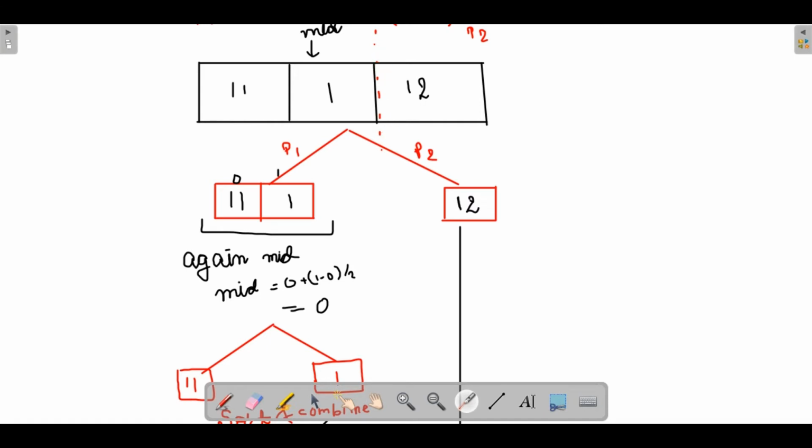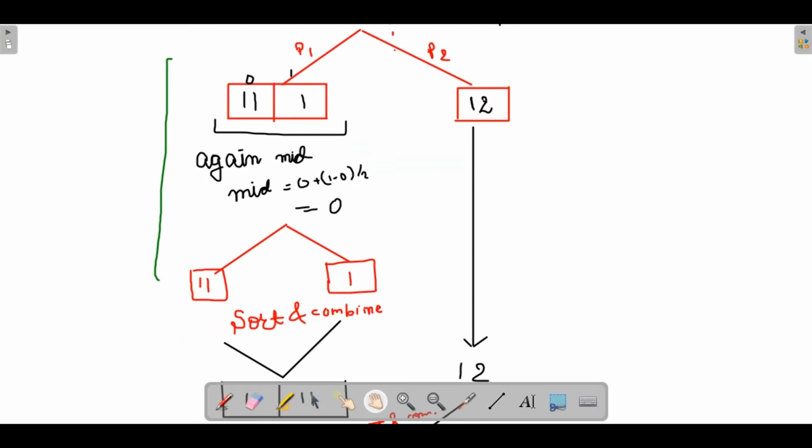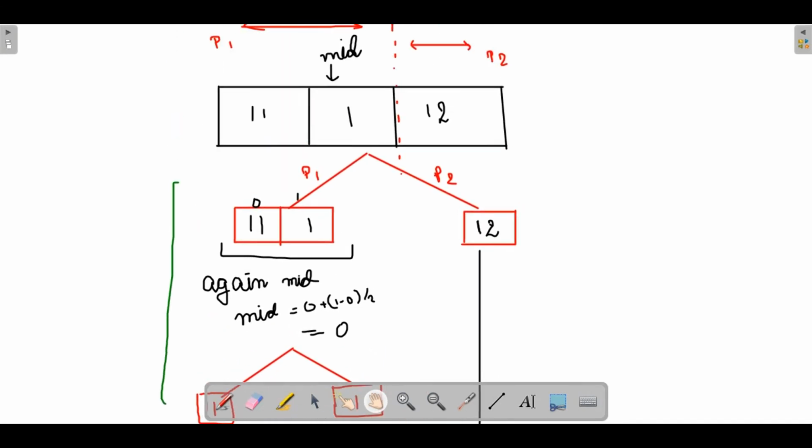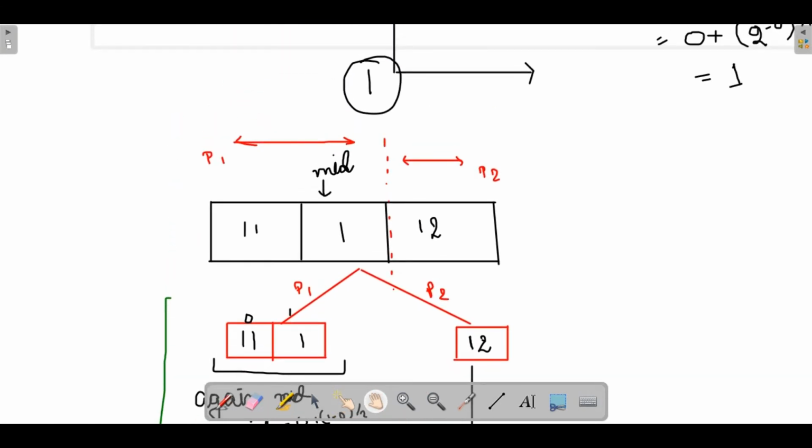Recursion works in a simple way: first we solve a particular half until we got our answer. Now it gives us 12, so we sort this also, and it gives our array to be 1, 11 and 12. Pretty simple. I hope you understood till now.